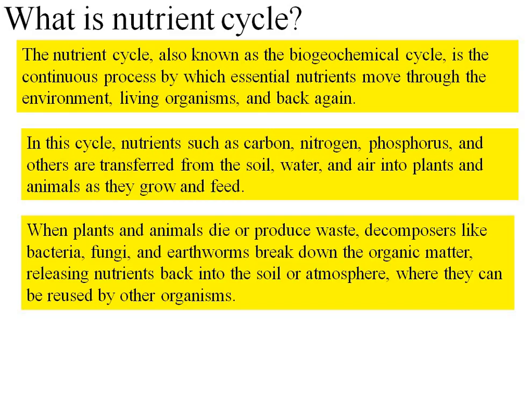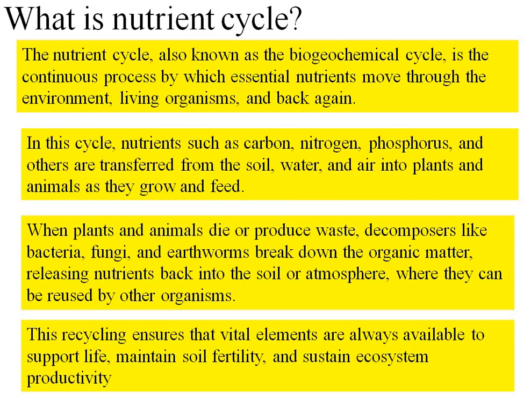When plants and animals die or produce waste, decomposers like bacteria, fungi, and earthworms break down the organic matter, releasing nutrients back into the soil or atmosphere where they can be reused by other organisms. This recycling ensures the vital elements are always available to support life, maintaining soil fertility, and sustaining ecosystem productivity.